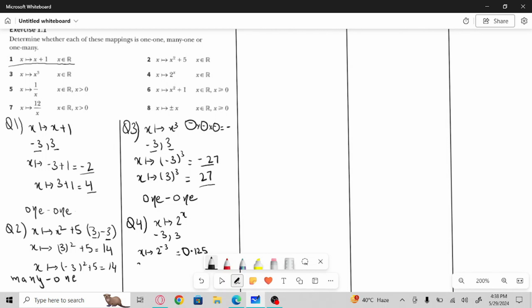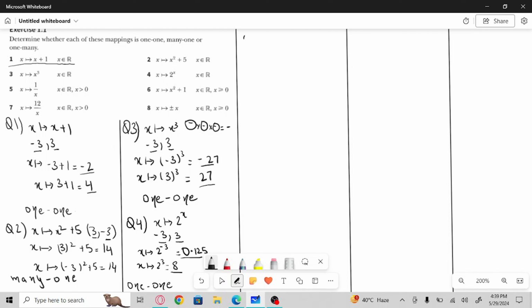And if we say x is mapped to 2 to the power 3, we get 2 2s are 4, 4 2s are 8. So if we see, for two different inputs, we are getting two different output values. So again, this is a 1-1 type of mapping.